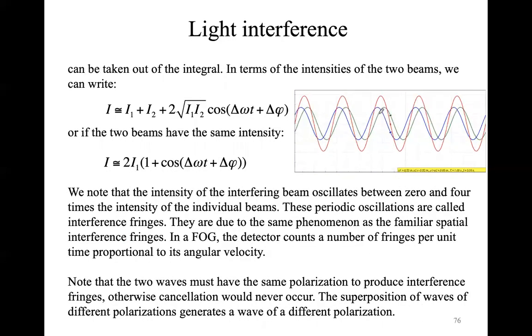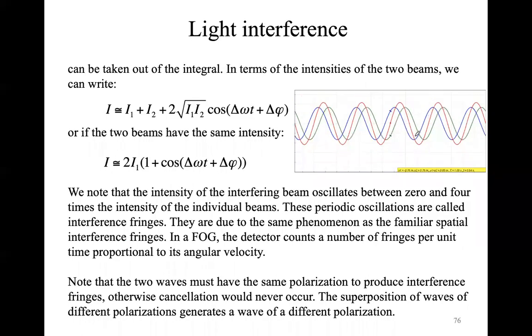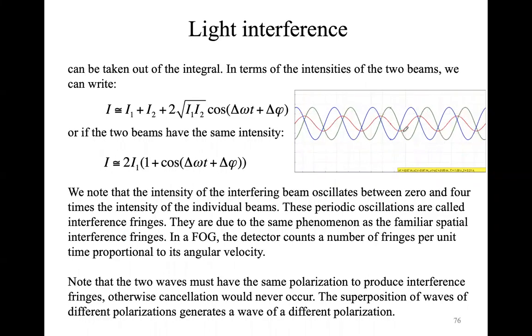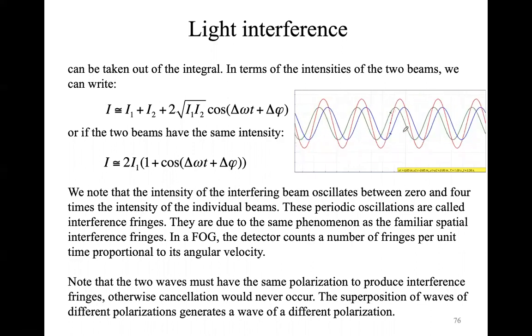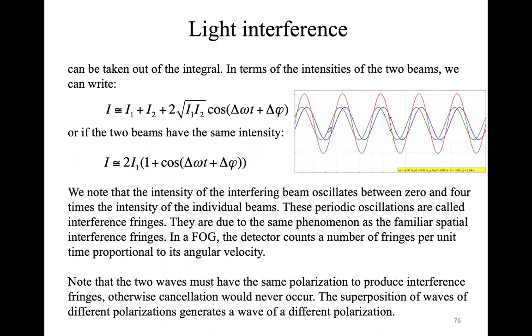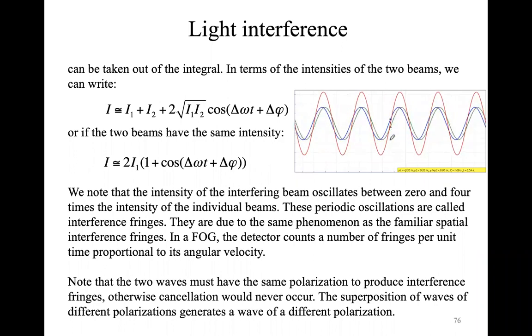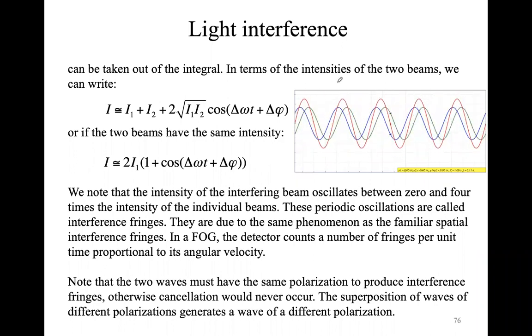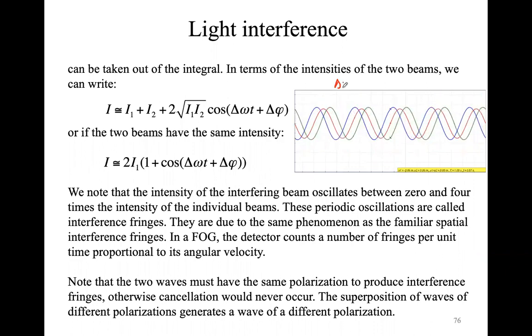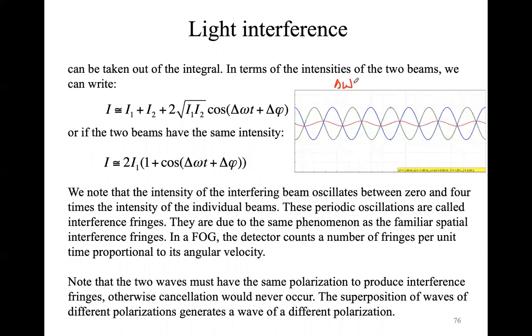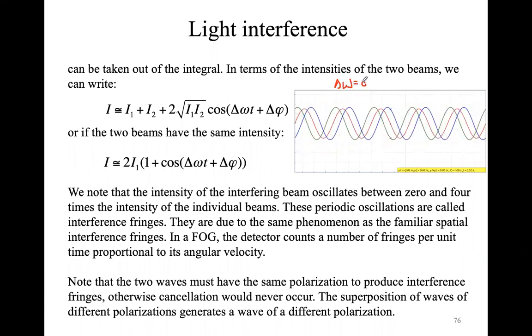Here I reported a simple case in which, for example, omega 1 and omega 2 are equal, so delta omega is equal to 0 and you have only a phase difference, okay?